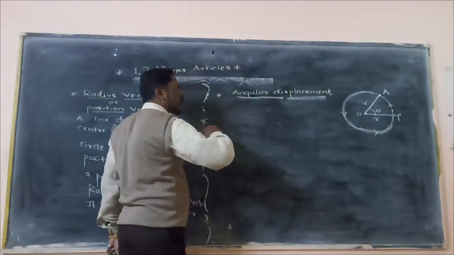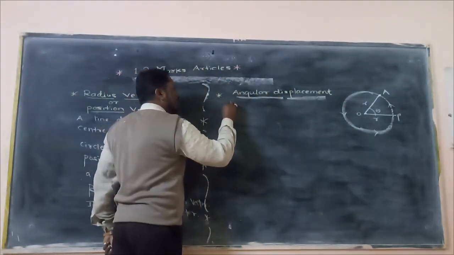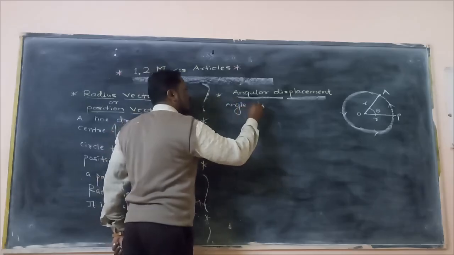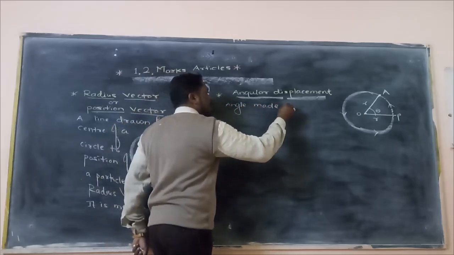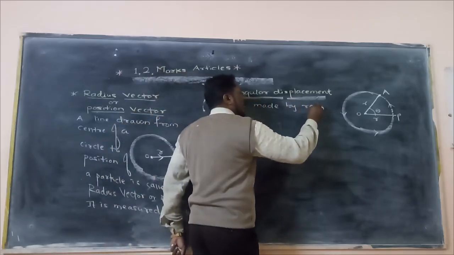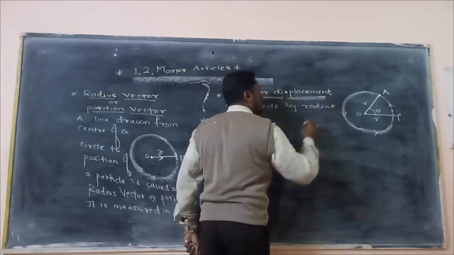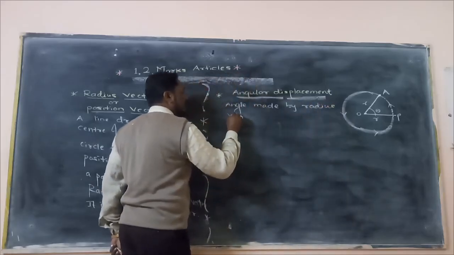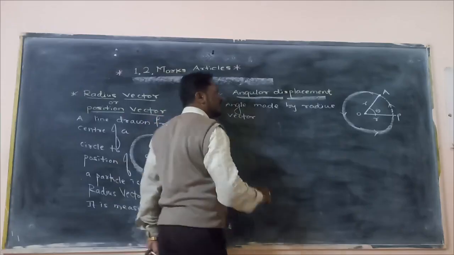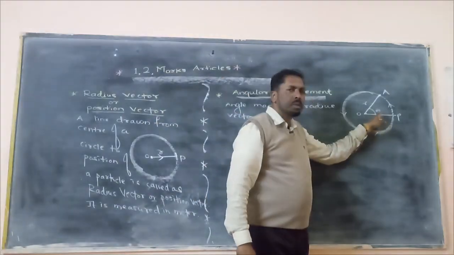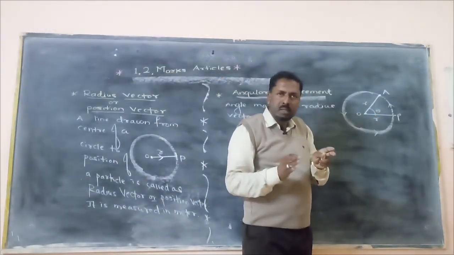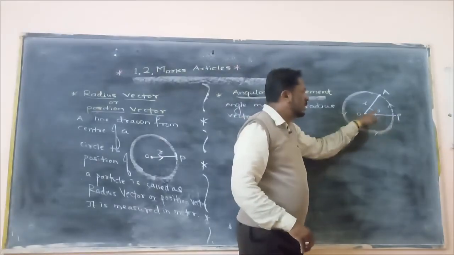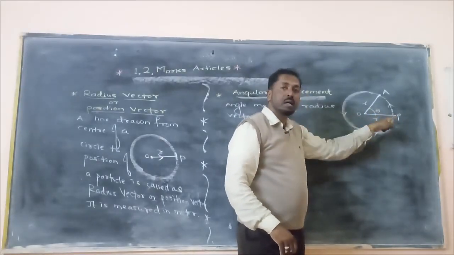So we can say angular displacement is the angle made by the radius vector. Yes, this theta is the angle. Who is making this angle? This angle is made by this radius vector.